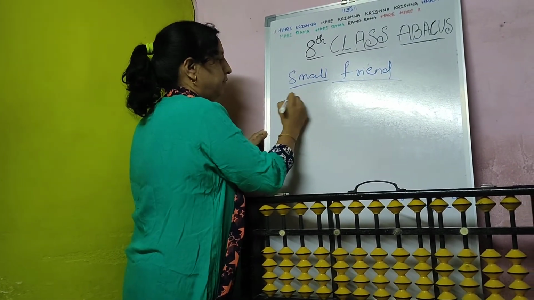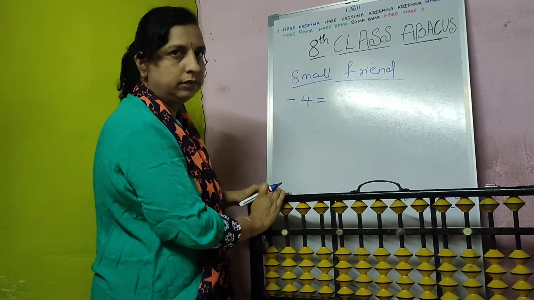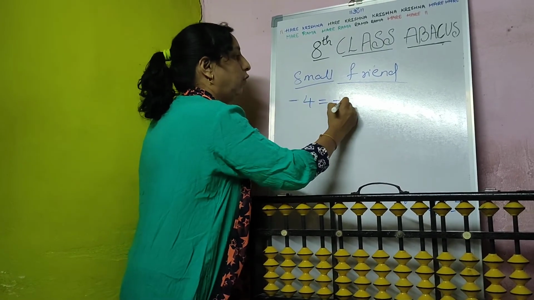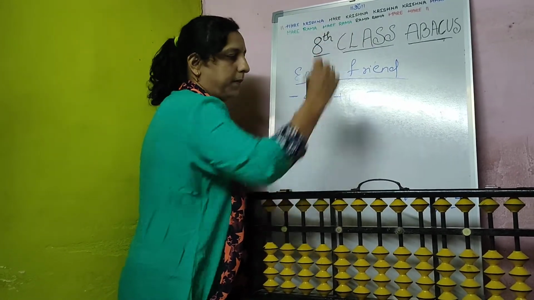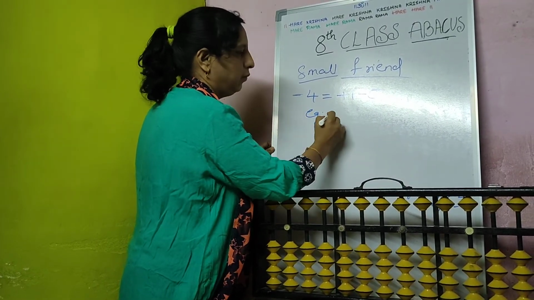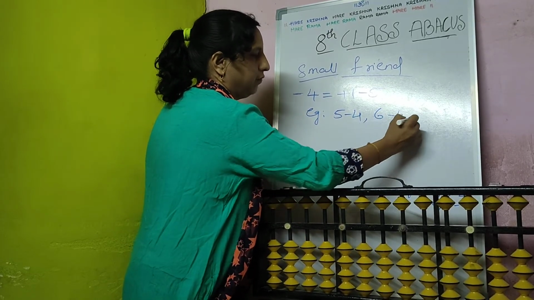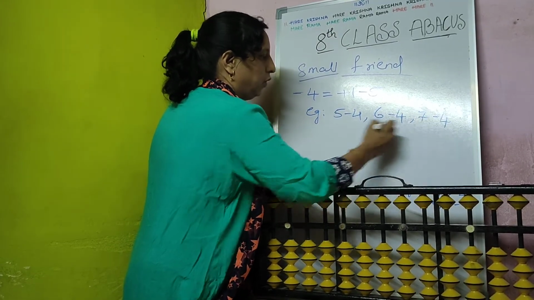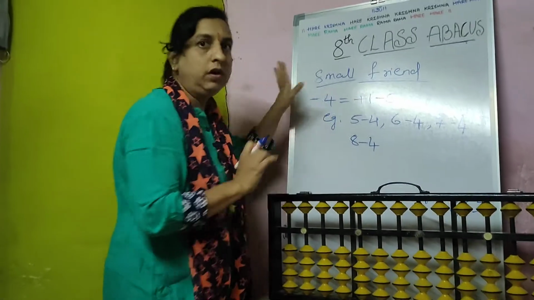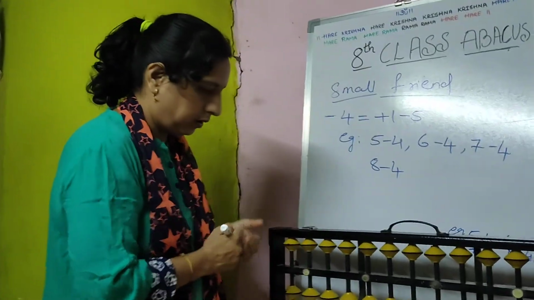That is minus 4, we are going to learn today. Minus 4 is equal to what? Plus 1 minus 5. Now our hand movement will go from down to up. For this formula you will get examples like 5 minus 4, 6 minus 4, 7 minus 4, then 8 minus 4. Four examples will come for this formula. Okay, so how to do this, I'll tell you.